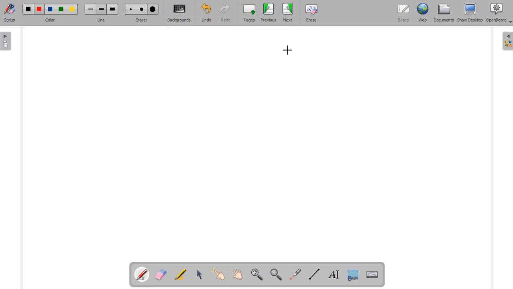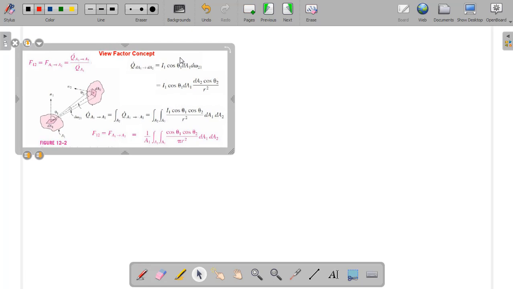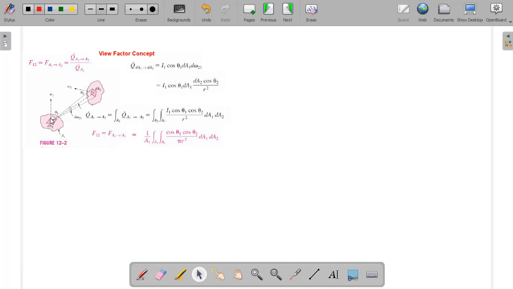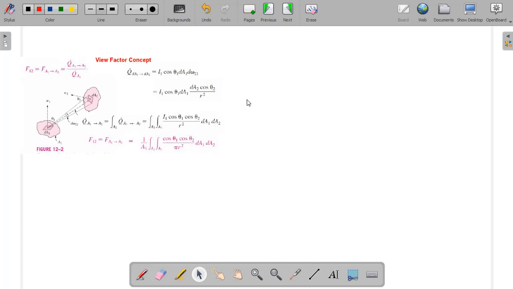So initially let us consider the black surface, and if we consider a very small area first, as you can see, two small areas dA1 and dA2, then initially we calculate dq and then integrate over the area, so that we can get the total amount of emission that will strike A2.